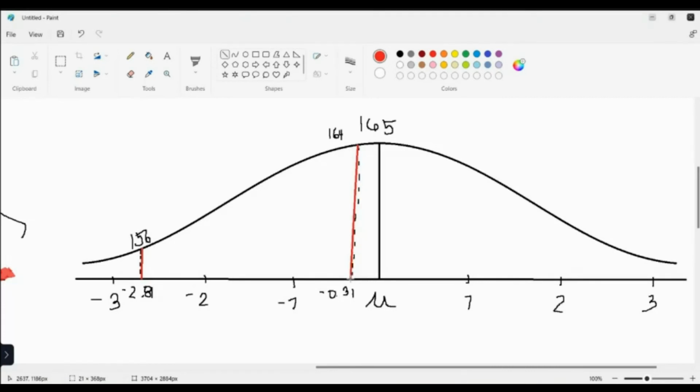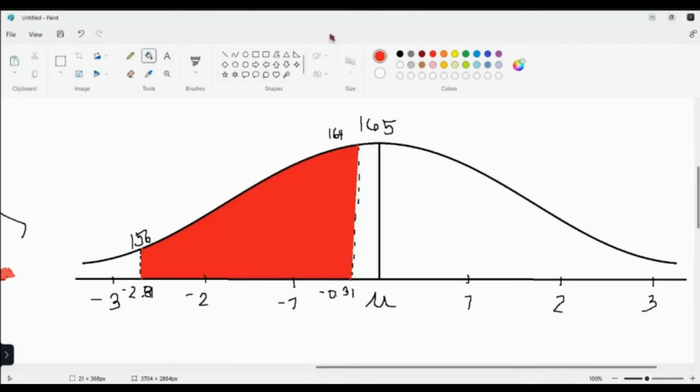Ay, medyo tabingin lang. Ayan. I need the area. What is the area from, unahin natin, 164 to 165? Let me use other colors. 164 to 165. Let's start here.